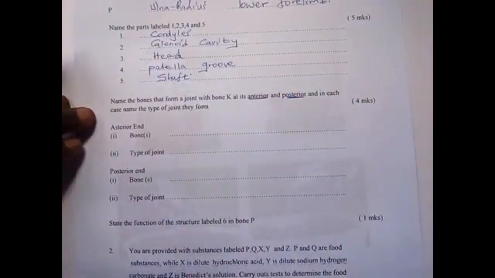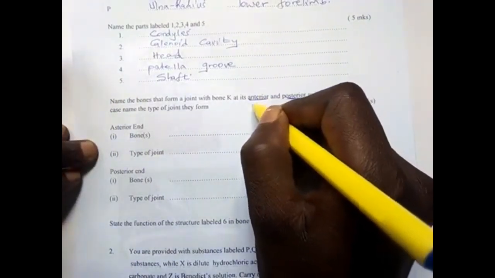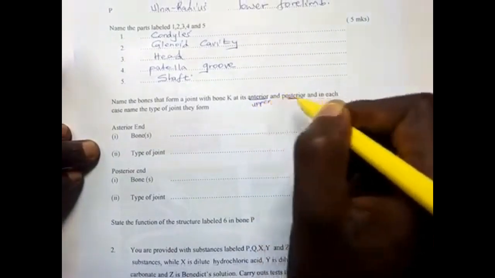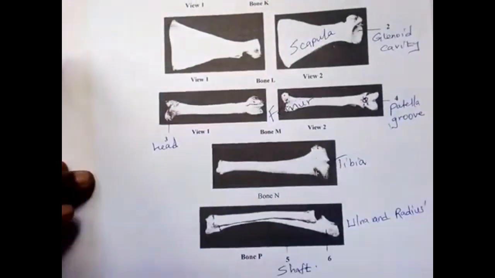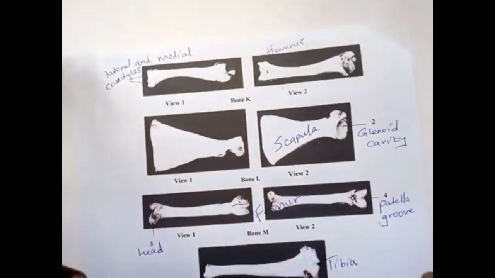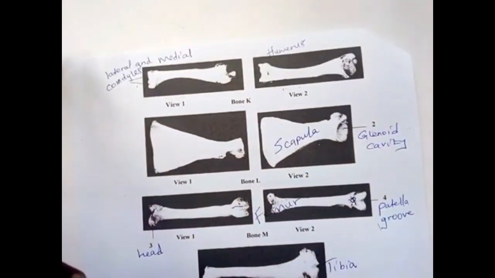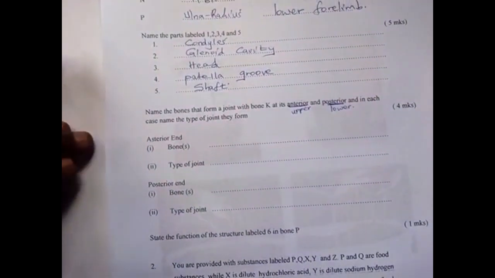In the earlier video we said that anterior is the upper side, while posterior is the lower side. Now, when you have identified like that, you look for the bone K, this is the humerus. And then you should be able to know at the upper side which joint they form.